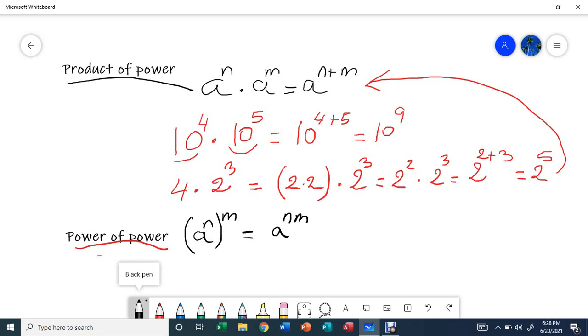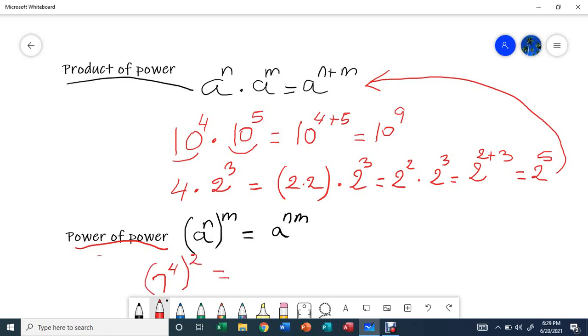An example here. Let's see, we have 7 to the fourth power and the whole thing squared.